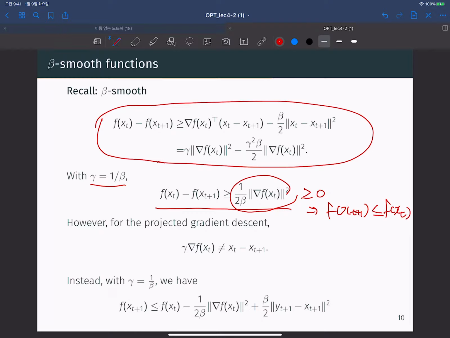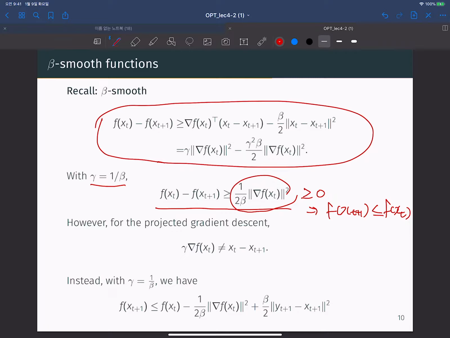So we can guarantee that every iteration improves the objective function. We can be closer to the optimal solution as we do more iterations.